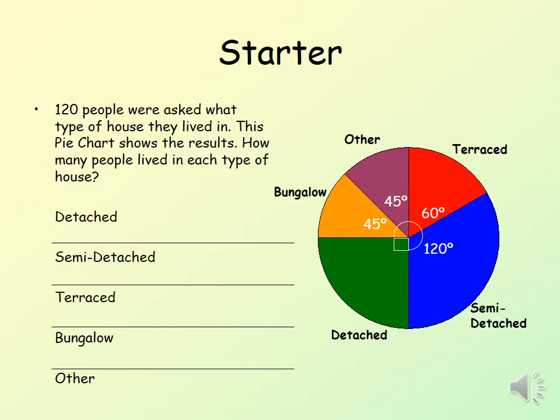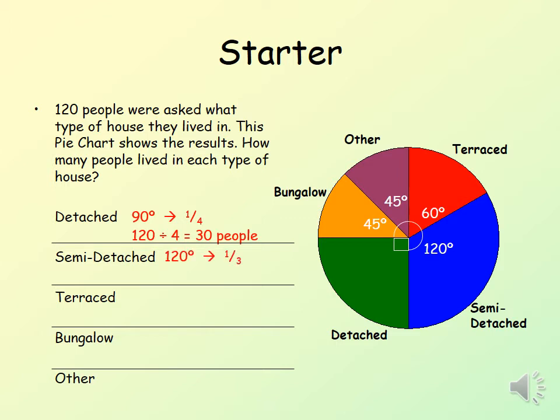Okay, so looking at the missing number first, you'll notice there's a special L-shaped sign as well. That sign is for what we call a right angle or 90 degrees. So the detached area is 90 degrees, which of course is a quarter of 360, so we need to find a quarter of 360, which is 30 people.